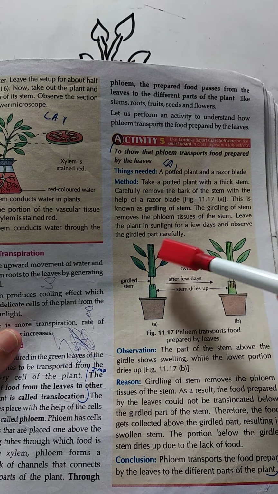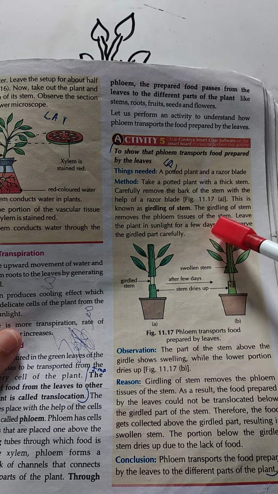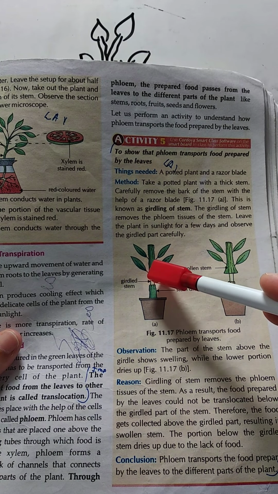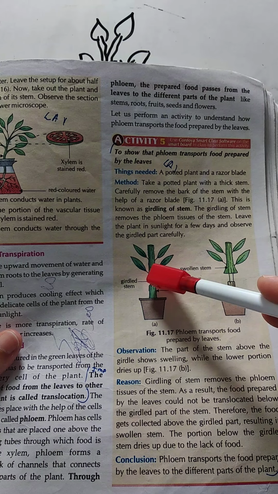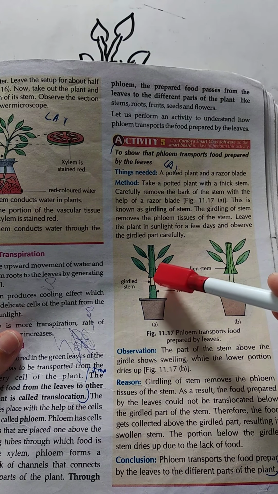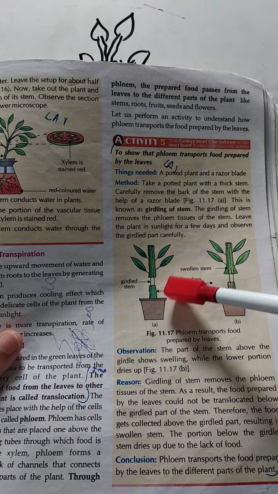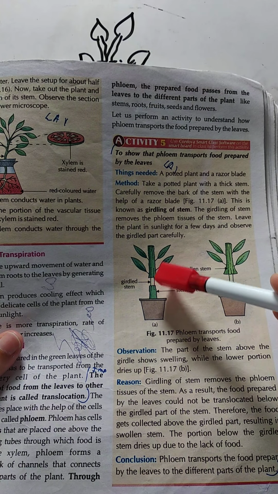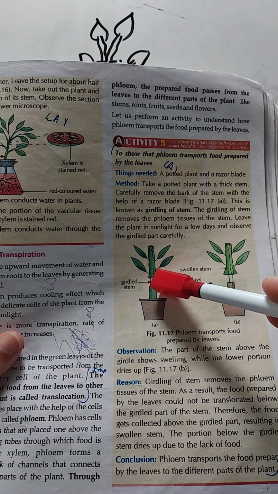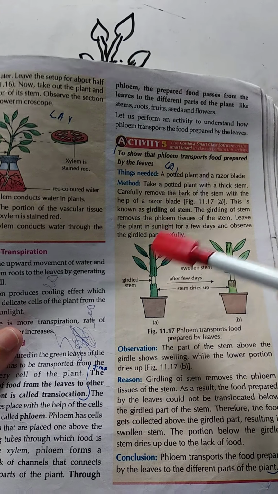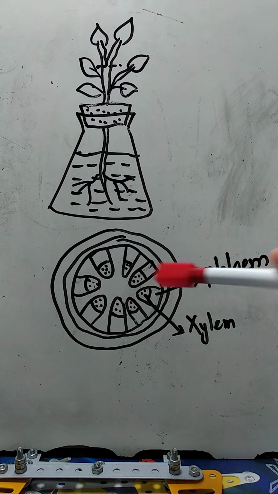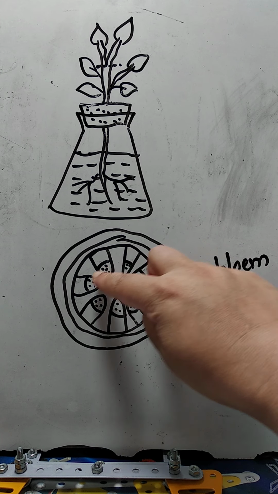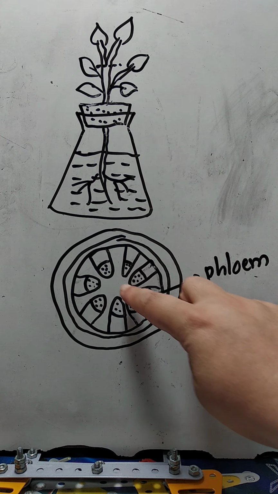Now the girdling of stem removes the phloem tissues of the stem. By doing girdling, we are keeping the xylem tissue intact, but the phloem tissue is on the outer periphery and xylem tissue is present at the center. You can see in this diagram, in the outer periphery phloem is present, and in the inner periphery xylem tissue is present.